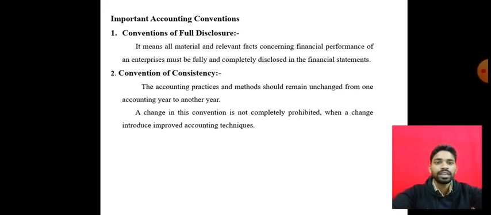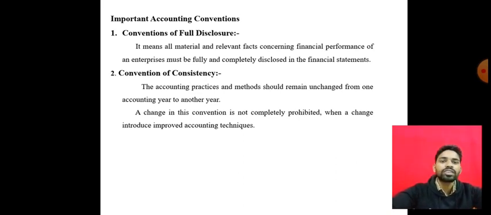Next is the convention of consistency. It indicates that accounting practices and methods should remain unchanged from one accounting year to another.